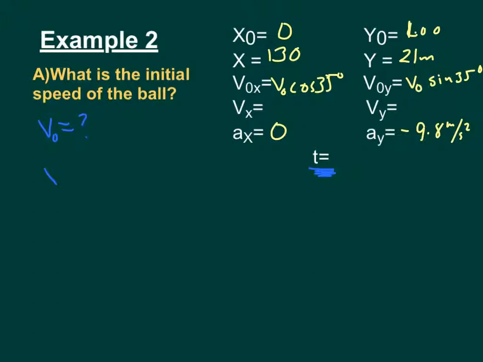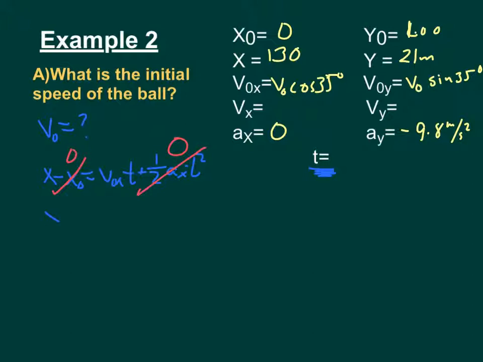And I picked the x side just because it looked a little easier. So if we start with x minus x naught equals v naught x t plus 1 over 2 a x t squared, again, we look for some zeros. X initial is 0, a x is 0. And this is why I picked the x side, because it had those zeros.